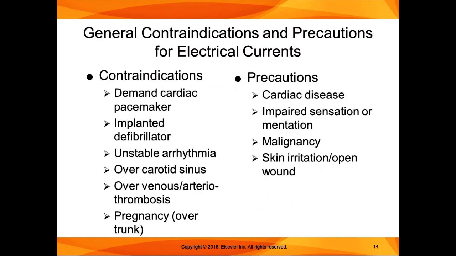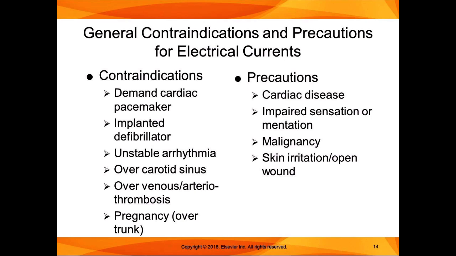So, general contraindications and precautions. For electrical currents, cardiac pacemakers, don't do it. You don't want to mess up somebody's cardiac pacing. Implanted defibrillators, another thing. Really, any implanted electrical device is a contraindication for electrical currents. So deep brain stimulators, spinal stimulators, insulin pumps.